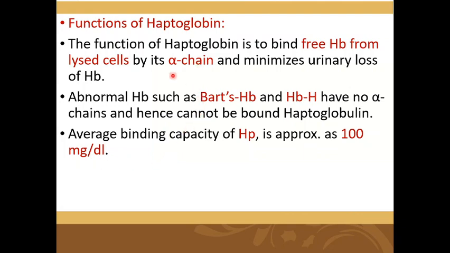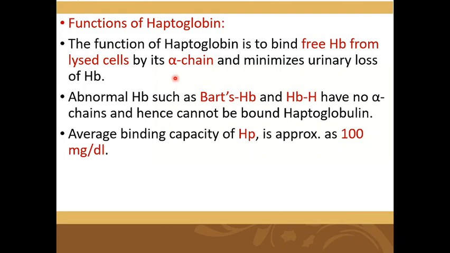So what we have learned from this slide is that haptoglobin binds with the free hemoglobin, and in this way it prevents the urinary loss of hemoglobin. The two abnormal forms of hemoglobin do not have the alpha chains, so they cannot bind with haptoglobin. How does haptoglobin bind to hemoglobin?